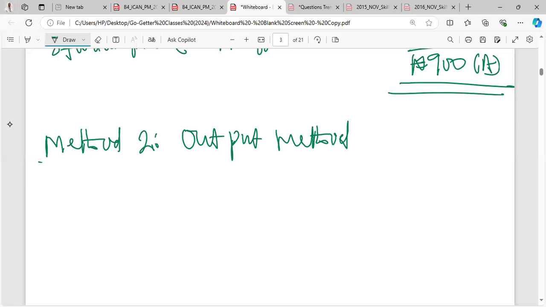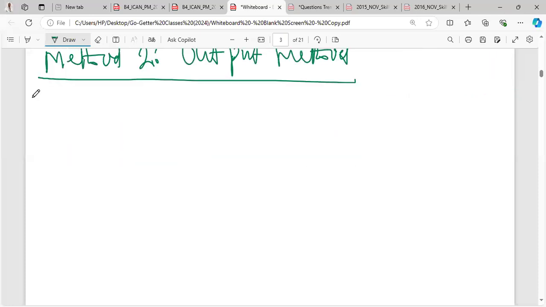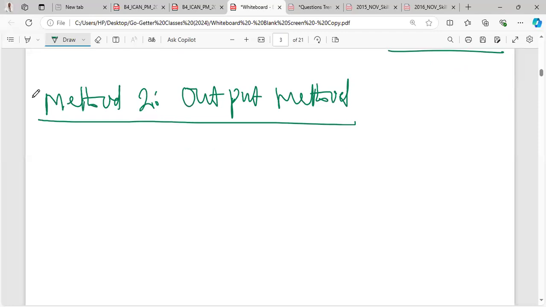So we said in the output method, we have standard quantity is 10 kg per unit, right?